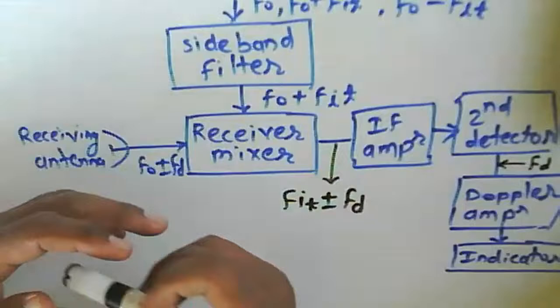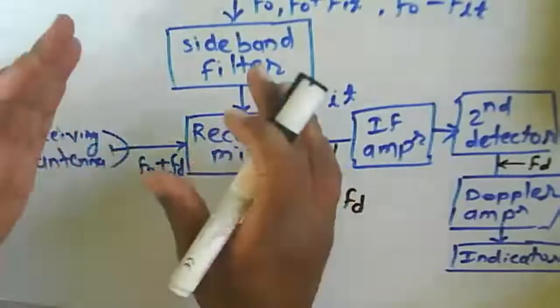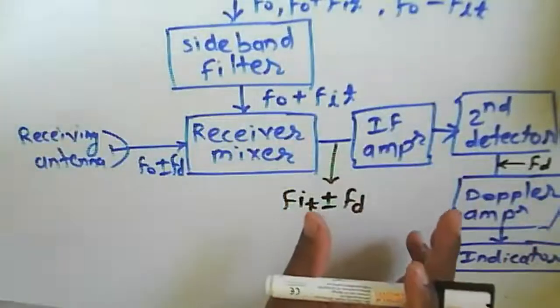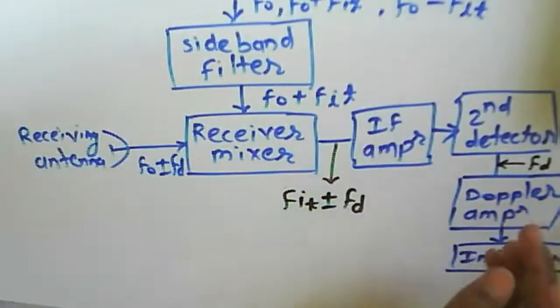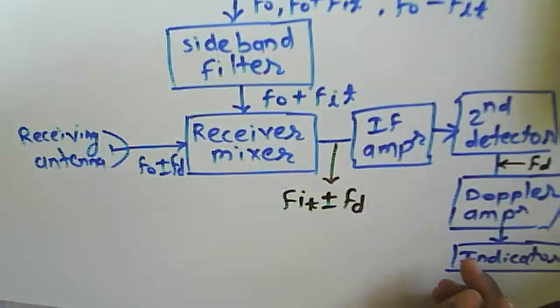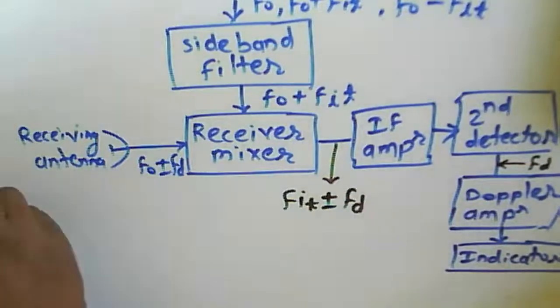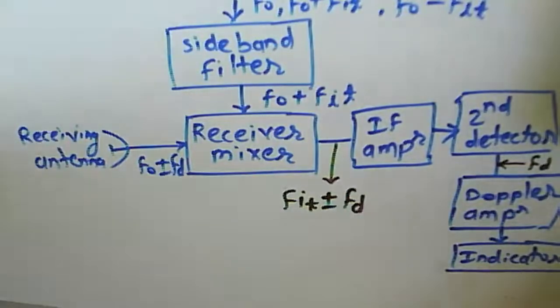So instead of that, we use this particular IF filter and a second detector to identify what the f_D will be here. Okay, so with this, we stop here.